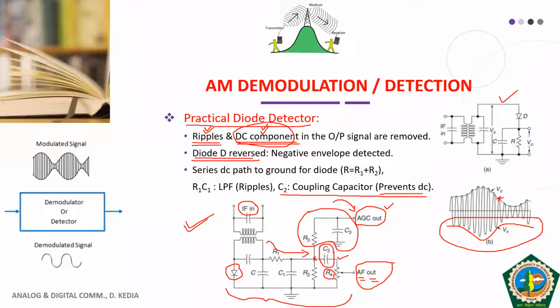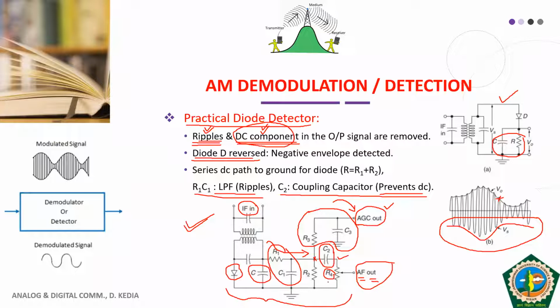Then the second part is with regard to your ripples. Regarding ripples, you see here also we have an RC. This R1 C1 was present in our normal circuit also. So this R1 C1 provides a low pass filter.